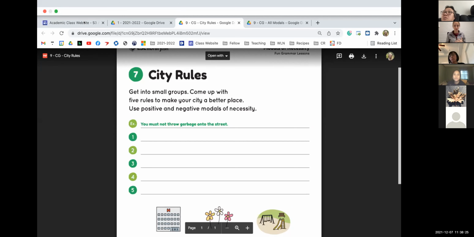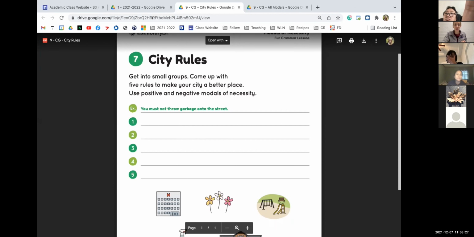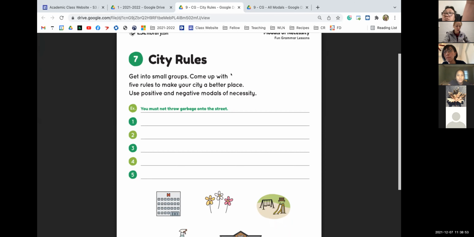And these city rules would usually be things that we can't control, right? We can't just change the rule if we don't like the law in the city that we live in. But we can sometimes imagine a more perfect world, if it was possible. What do you want the world to look like? So let's take a minute to go back to your journal from the very beginning of class.